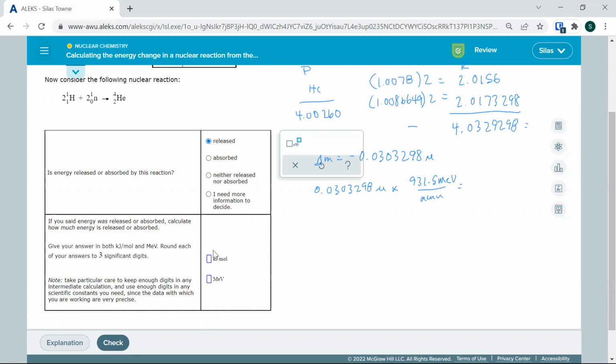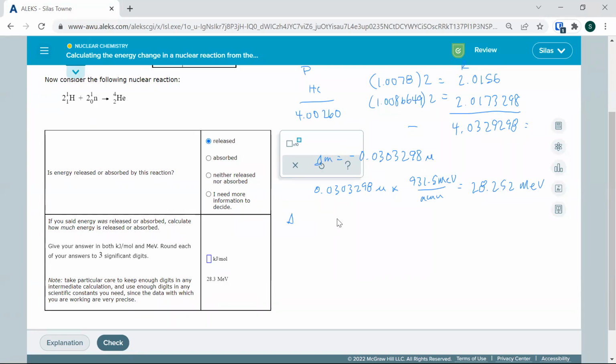And notice I'm not using the negative here. That negative was just showing us that there was a change in mass. So 28.252. Okay, so let's put that in 3 significant digits. There we go.